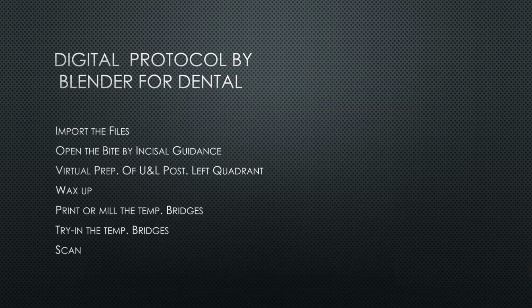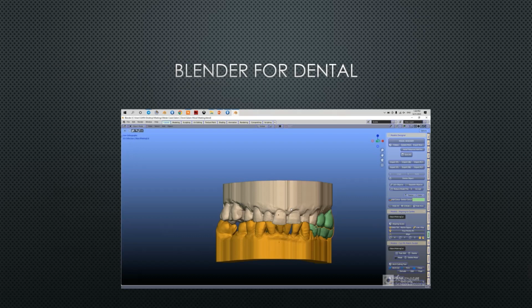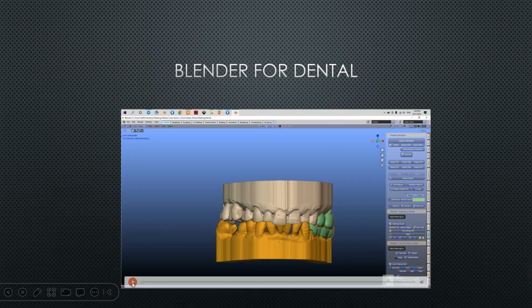So what we did with Blender, the protocol is done by Blender for Dental, which is a programming software program. Import the files, open the bite, virtual preparation, wax up, print or mill the temporary bridges, try in and scan. This is the video of the Blender file.